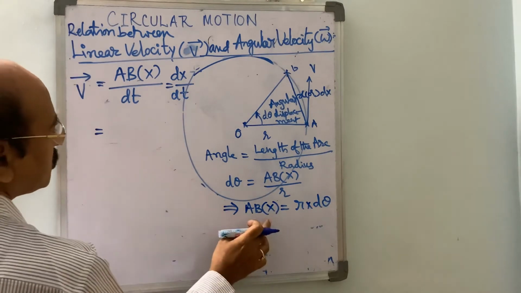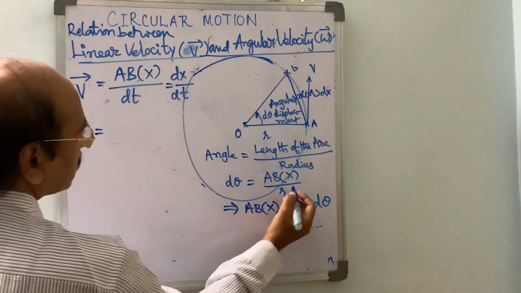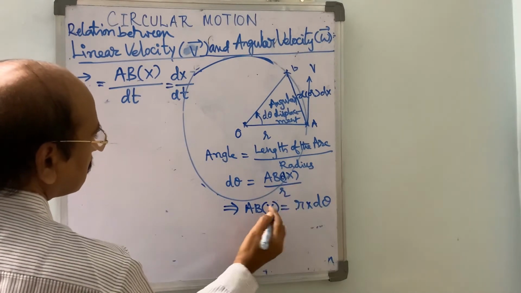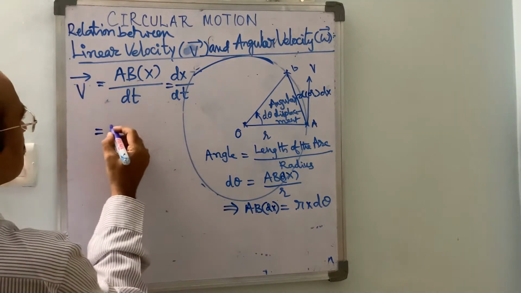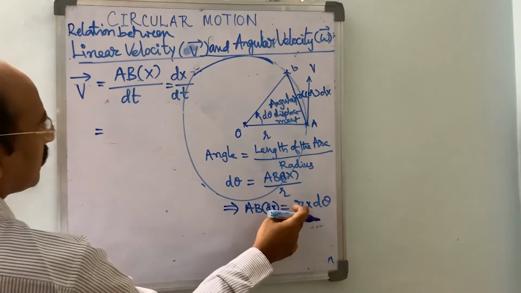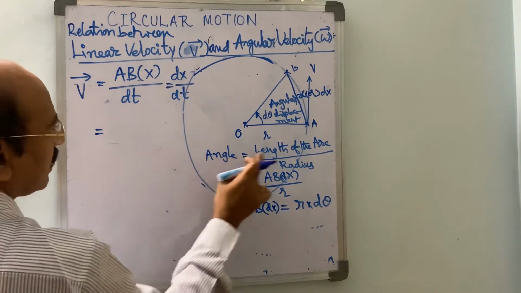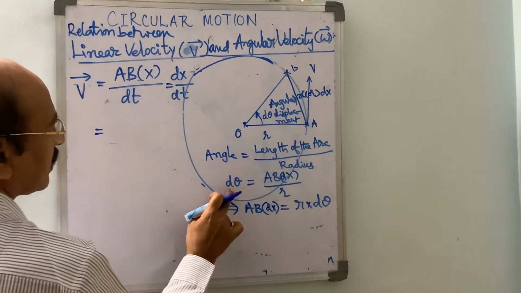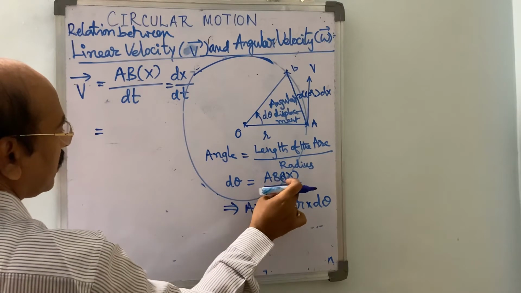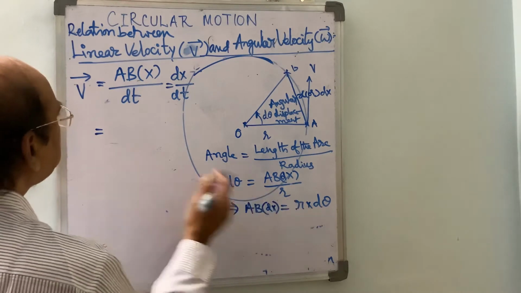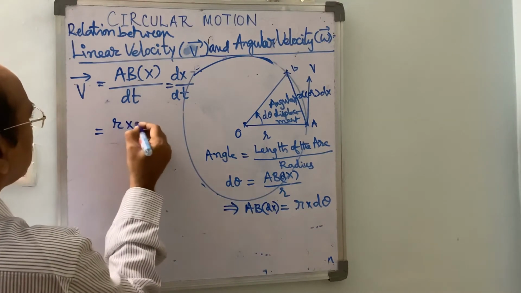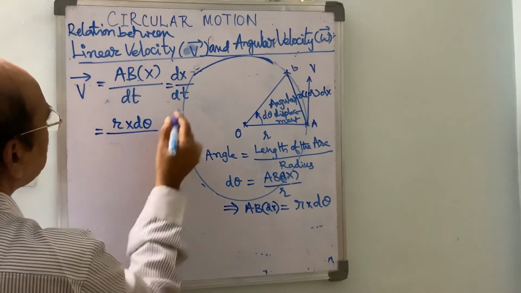So we substitute the value of dx, that is r d theta, from this formula, angle equals length of the arc by radius, or d theta is equal to AB or dx by r. Therefore AB or dx is equal to r into d theta. Therefore r into d theta by dt.